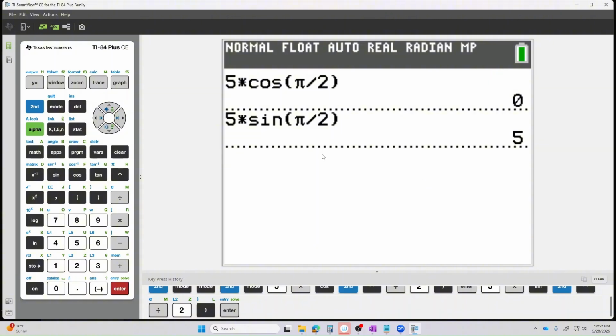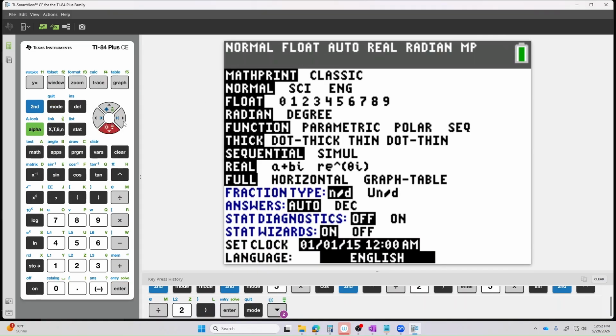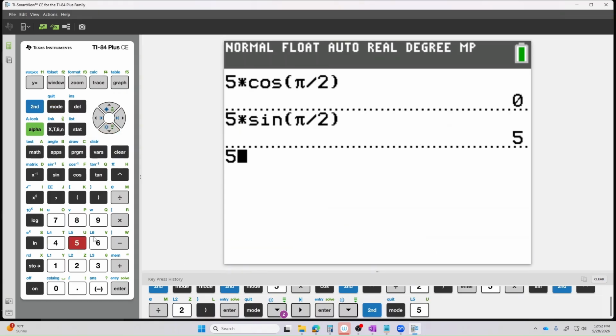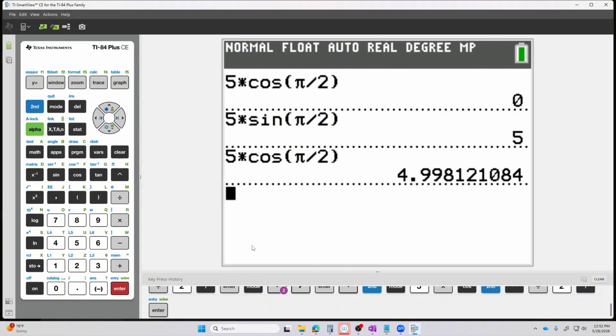But let me show you what happens if your calculator is in the wrong mode for the angle theta you're given. Supposing, for example, that you accidentally had your calculator in degrees mode as you were doing this calculation. Now if you go to calculate 5 cosine of pi over 2, you're going to get an answer of 4.998, which is a total mismatch to what it should be based on the unit circle.